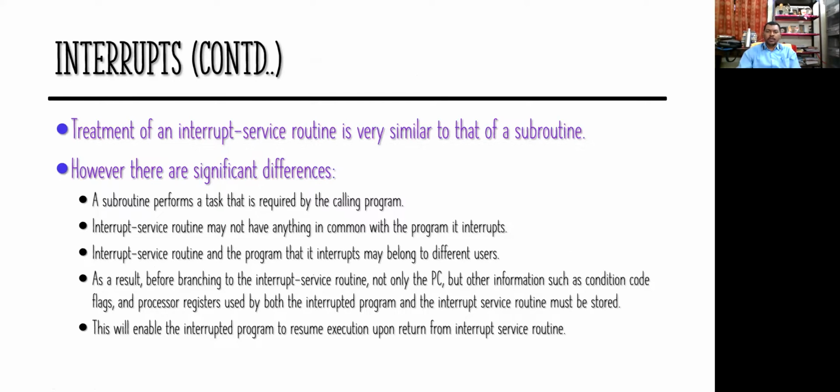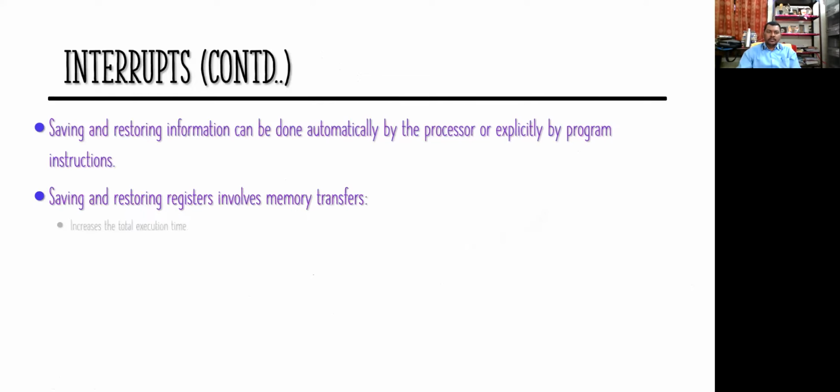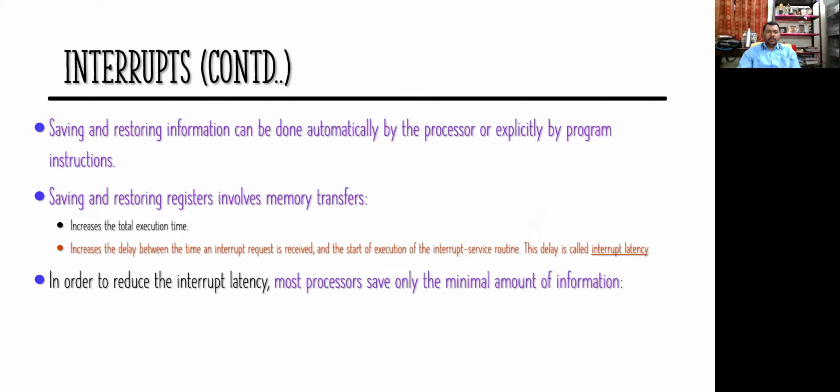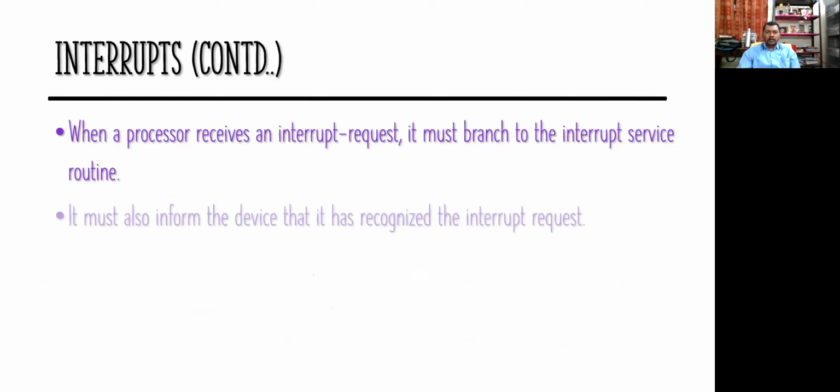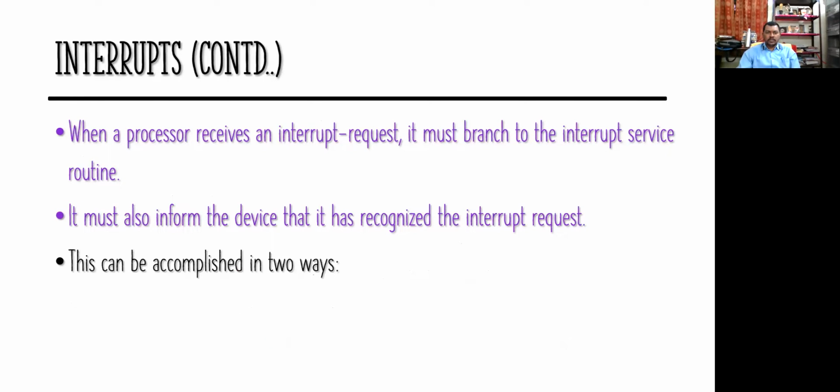This is the difference between an interrupt service routine and the subroutine that we use. Then saving and storing the data in some way: the data is to be stored by the programmer, or the program itself is going to store that data.